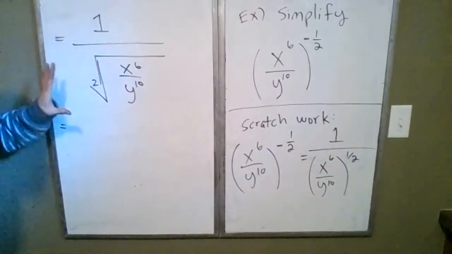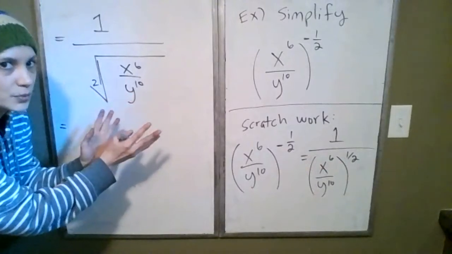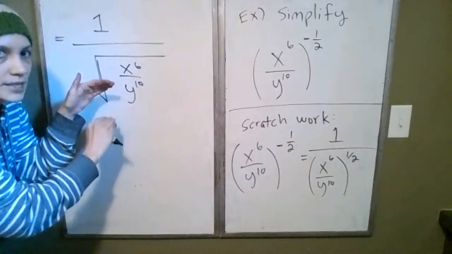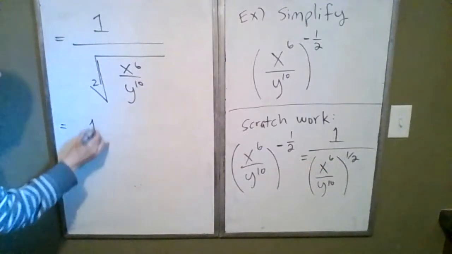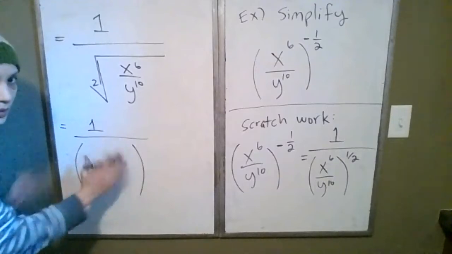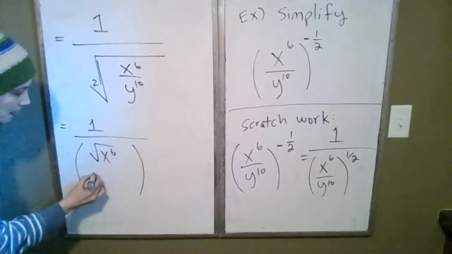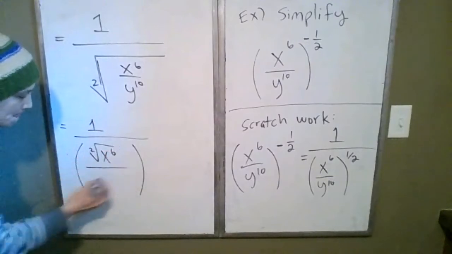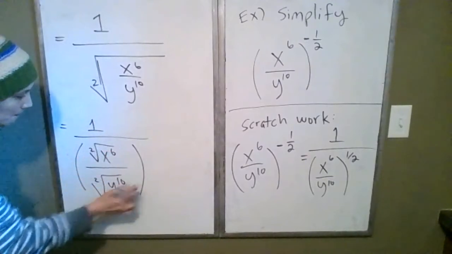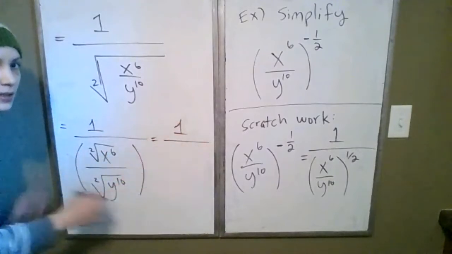Okay, so we have a problem. There's a fraction under the root. We can't have any fractions under the root, so we're going to split this as the root of x to the 6th and the root of y to the 10th. To keep it all organized, we'll put big parentheses. Still have 1 over.